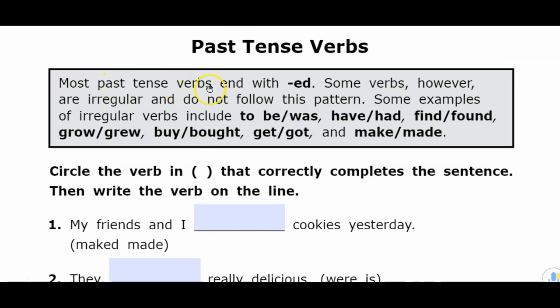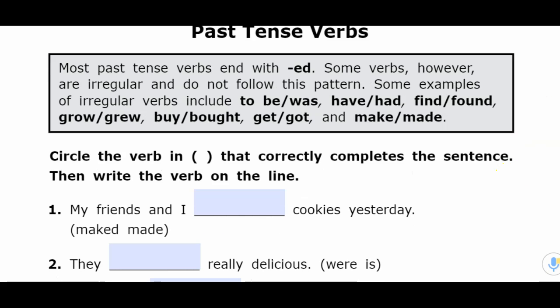Okay, it says most past tense verbs end with ED, no problem. Some verbs, however, are irregular and do not follow the pattern. So, for example, look, the word to be would be was, have would be had, find would be found. Because I don't say, oh look, I find they did it, right?